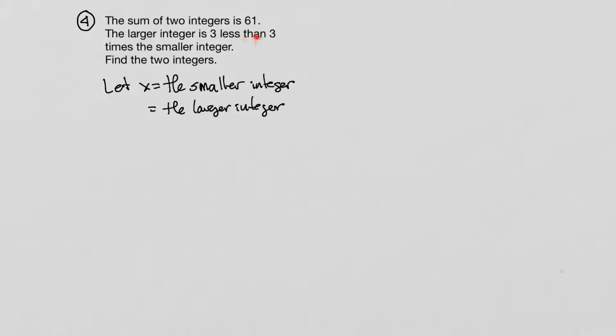So what comes after than is where you start. 3 times the smaller. Well, 3 times the smaller is 3x. And then it says that we are 3 less than that. So this is going to be 3 times the smaller and then minus 3. So the larger is 3 times the smaller and then 3 less.